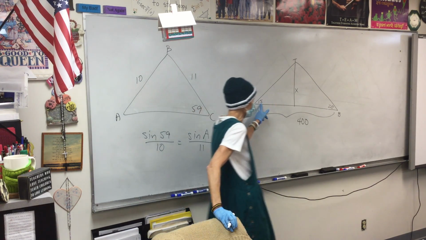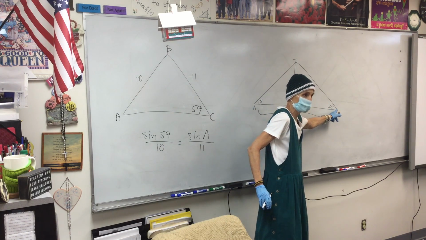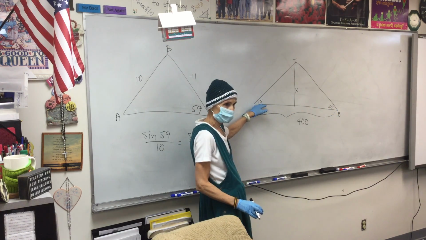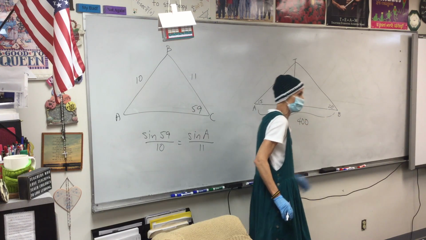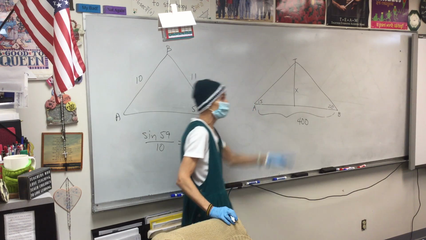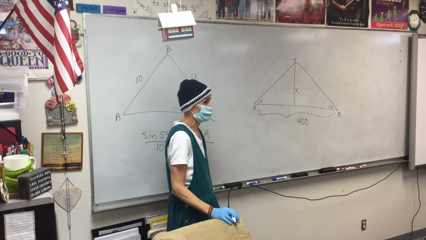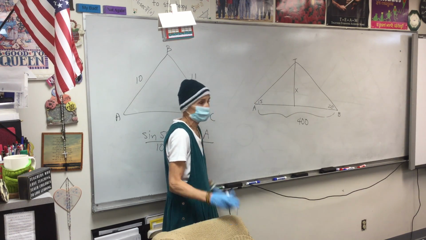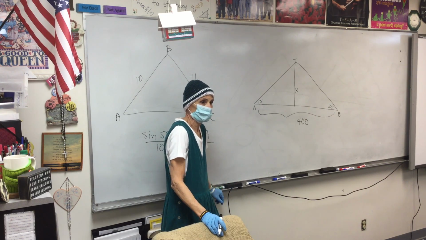Since this is 15 and this is 20, think about the movie theater. If you have a 15-degree angle and a 20-degree angle, who's closer to the tree? Isn't he looking up higher? Not that that matters in this problem, but that's what's happening.